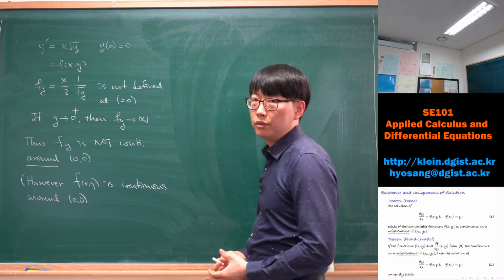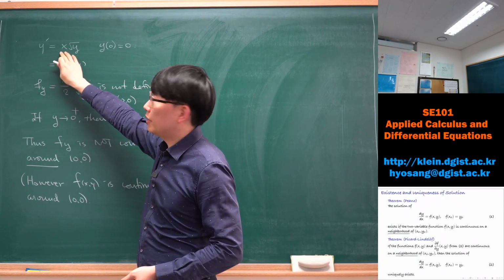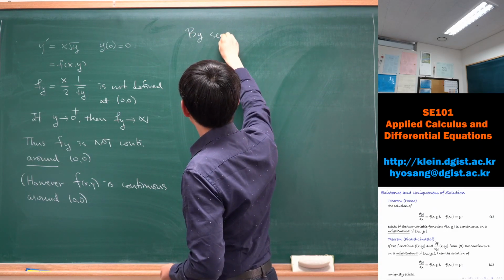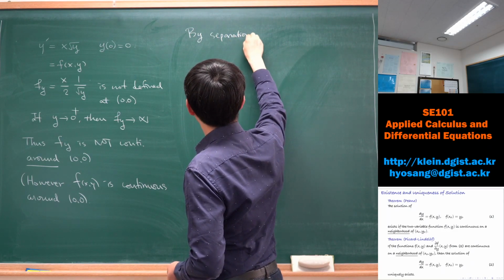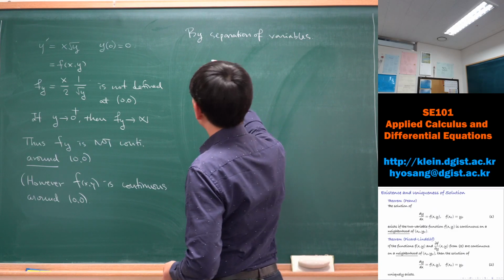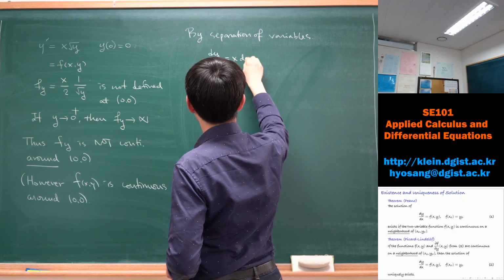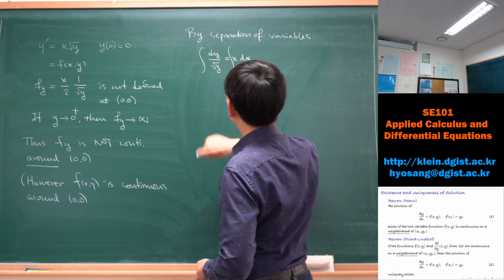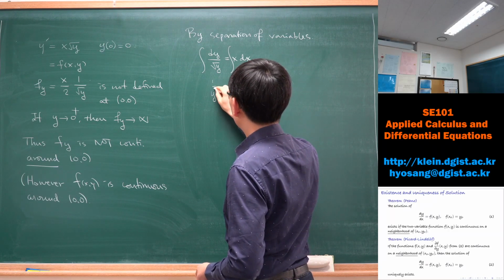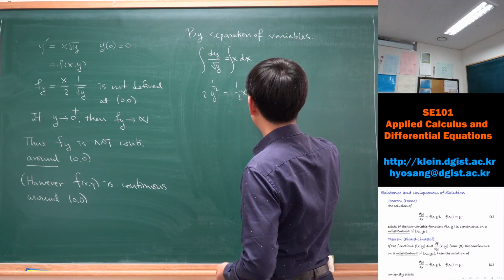Now, let's try to solve this differential equation, because this is the type that we can solve by separation of variables. By separation of variables, we get the square root of y dy equals x dx. By taking the integral, we have y^(3/2) over 3/2 equals 1/2 x squared plus c.